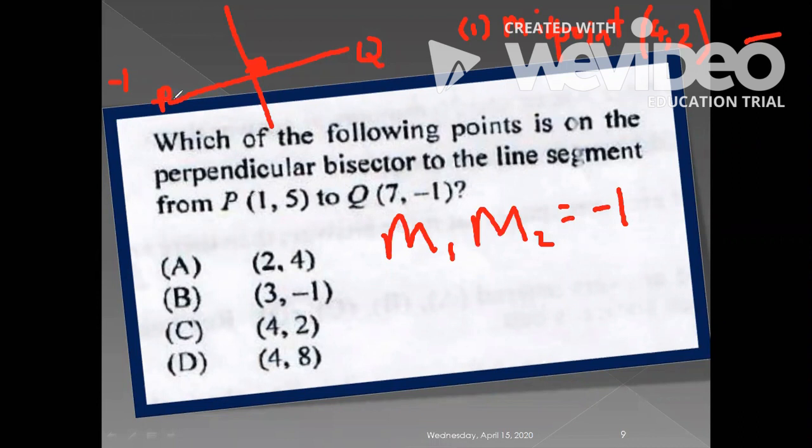So the gradient for PQ is -1, right? Now, do we know the gradient for this perpendicular bisector? Can we find it? Yes. How do we do that?